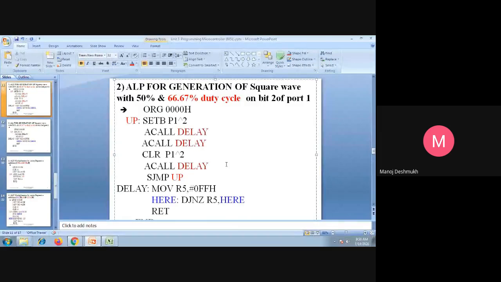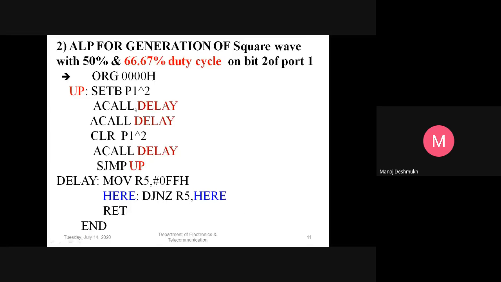Is it visible? Yes sir, it is visible. So write down for 66.67%, as this question is asked in the university exam more than 2 times, both 50% and 66.67%.